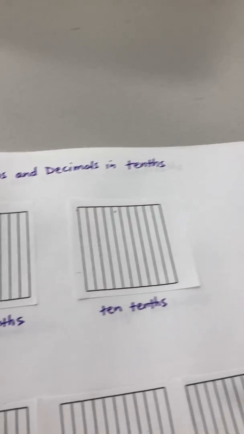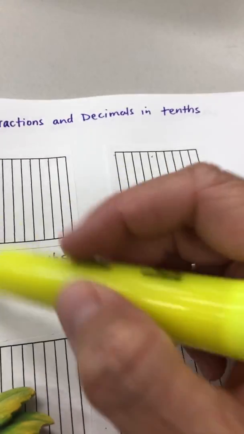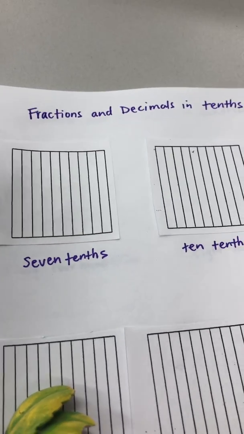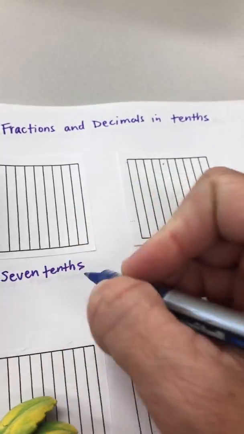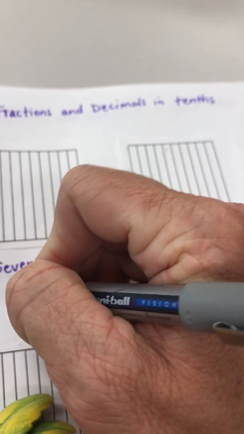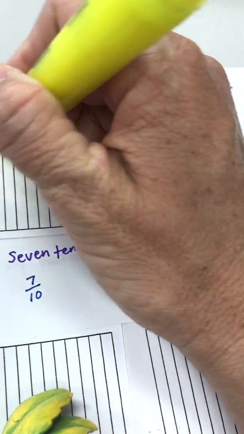So we're going to look over here at some examples. So here's the first example. We're looking at a whole, one whole square, and it's broken into 10 pieces. So I have the fraction 7/10 here, and so I'm going to write that just as I did with fractions. Denominator's 10, there's 10 parts to the whole, and I'm going to shade in 7 of them.